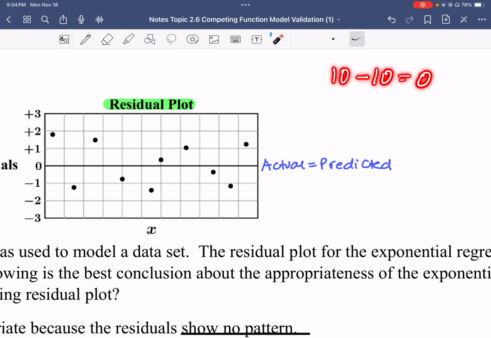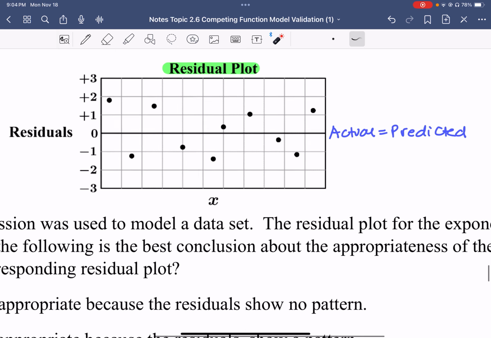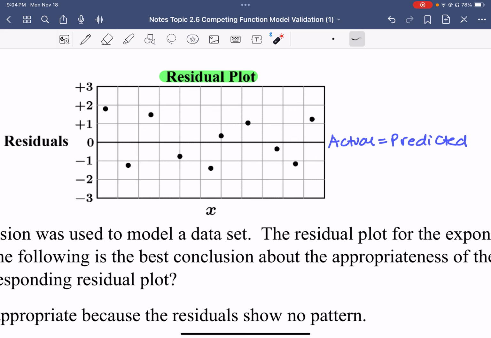Okay, so that means that the actual was exactly equal to the predicted and your model was perfect. Now that's not going to happen often. Usually you'll have underestimations or overestimations, and the distance of how far away you are from the line of 0 would be your residual. Okay, so that's just how far away you are from the actual data.